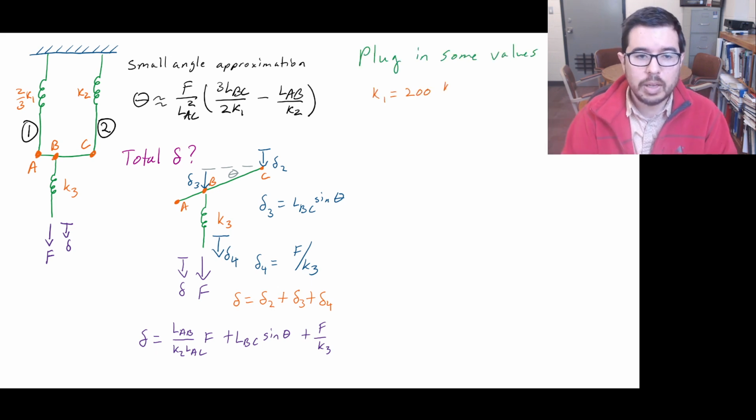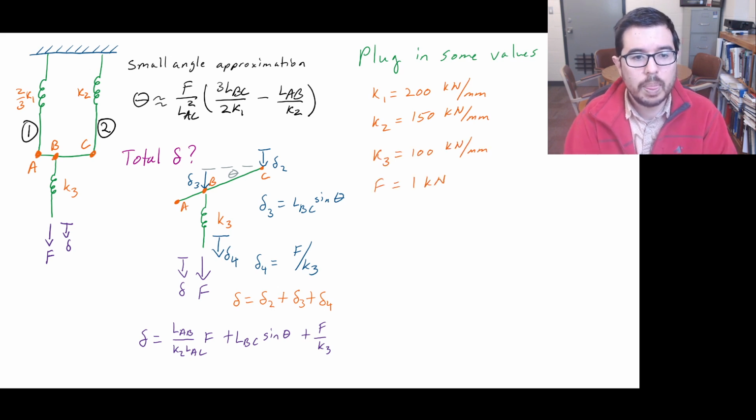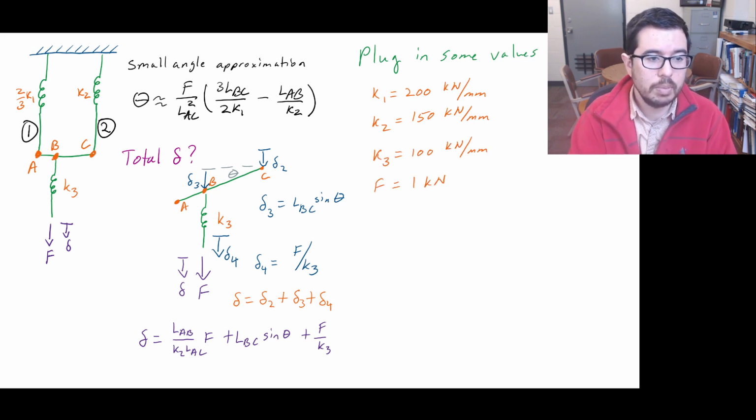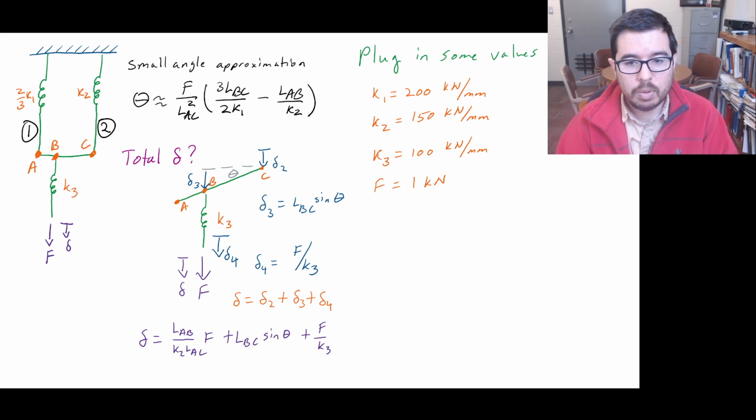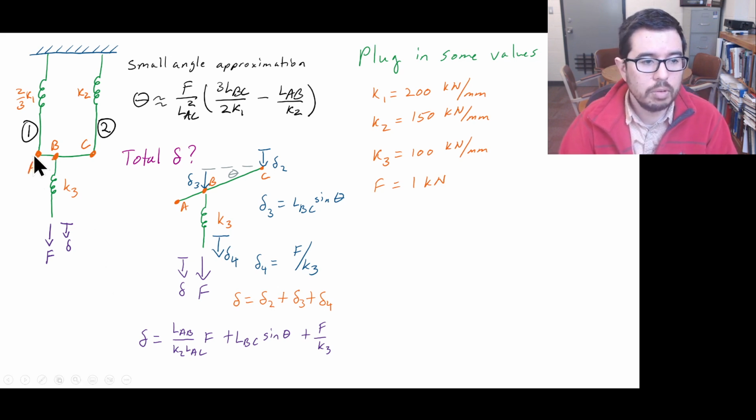So let's plug in some values. These are the same values we just used with the previous example, except we're going to add in also a parameter for the distance between LAB and the length LAC.